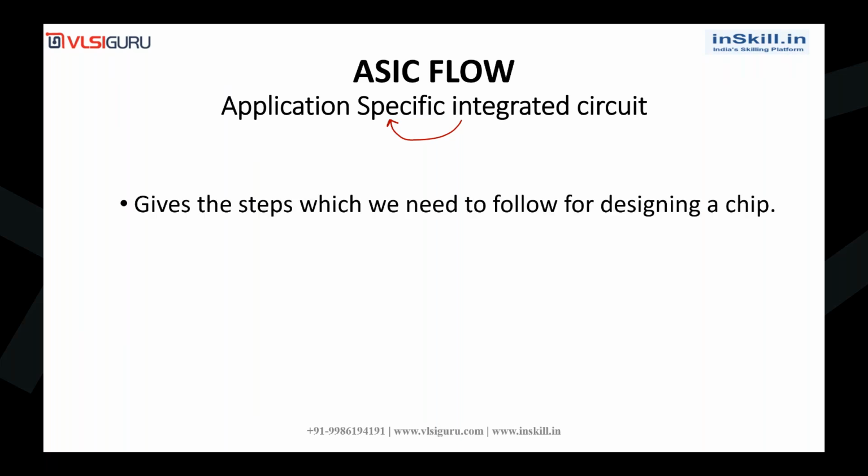So ASIC flow means it actually gives the steps which we need to follow for designing a chip. It involves the various steps in the process of chip design. So the first one is the design specification stage.